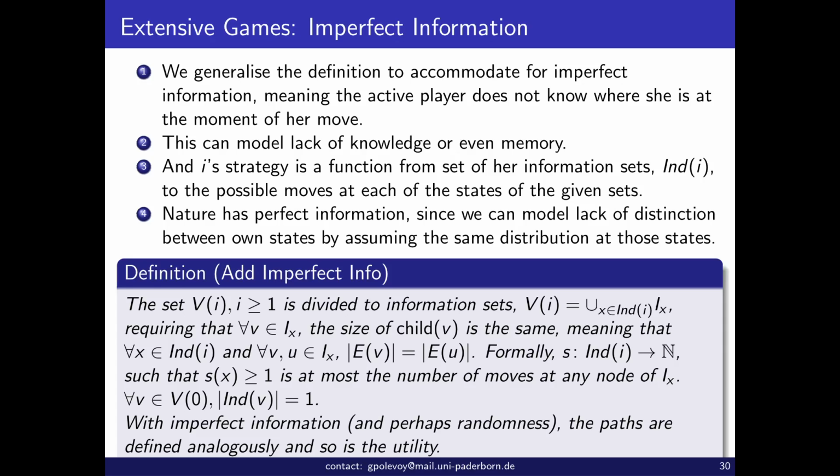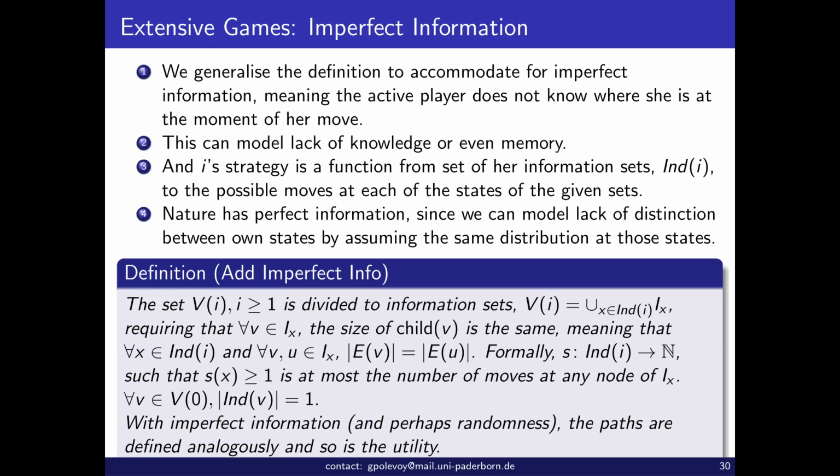Because if you want nature to act in the same way in several of its states, we can just define in the model that the distributions are going to be the same in those states. It's only relevant in the states of a real player.